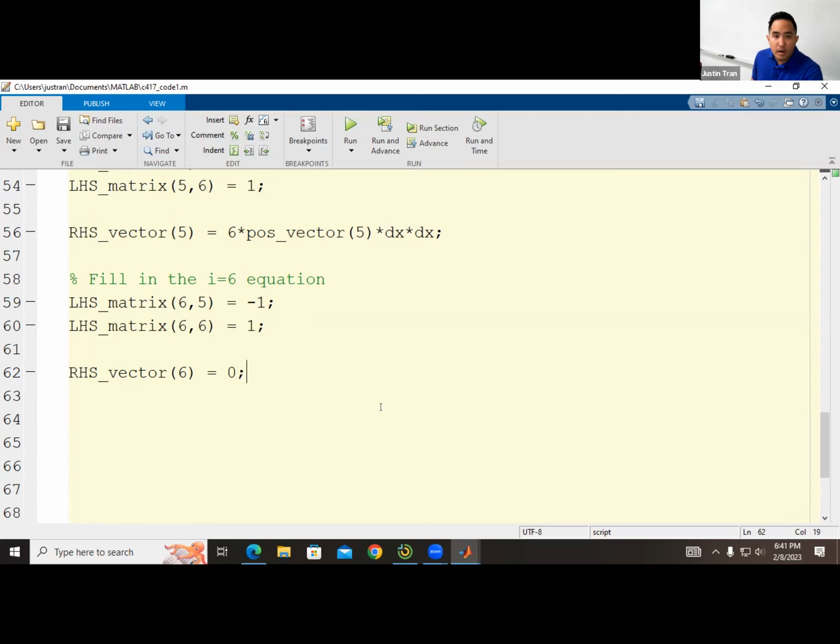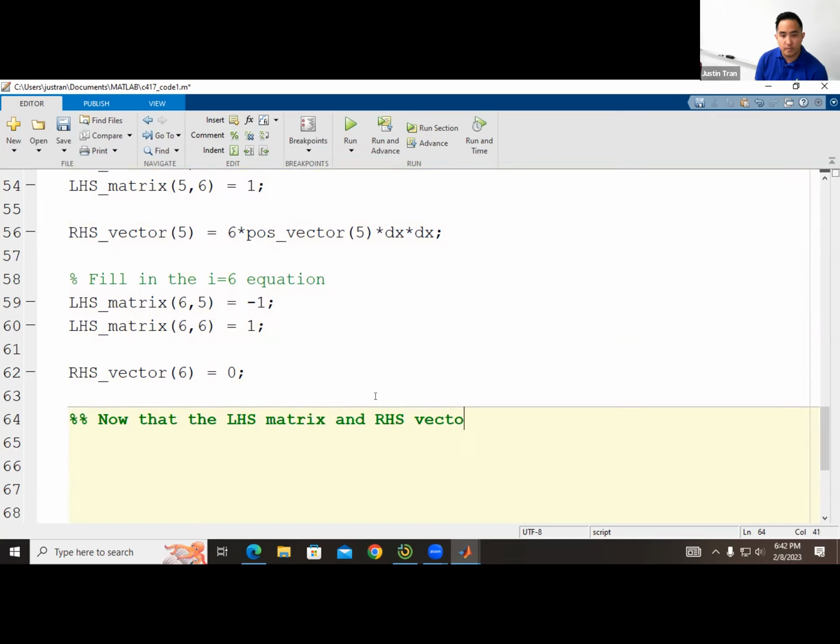All right. Any questions on this? Okay. And so we're just about done. Now that we have the left-hand side matrix and the right-hand side vector specified, to solve the equation, it's actually just one line of code.